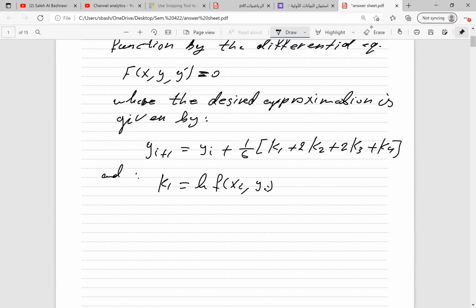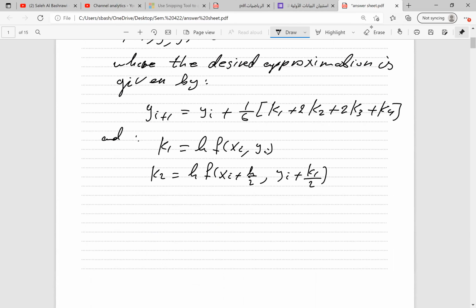H is the step, which will be given in the problem. K2 is h multiplied by f of x i plus h divided by 2, y i plus k1 divided by 2.